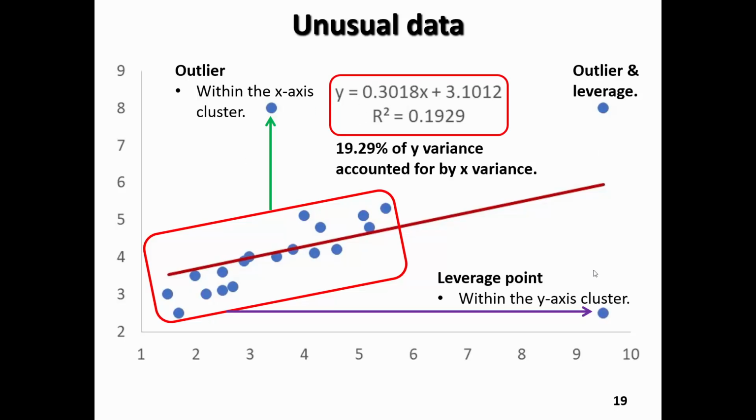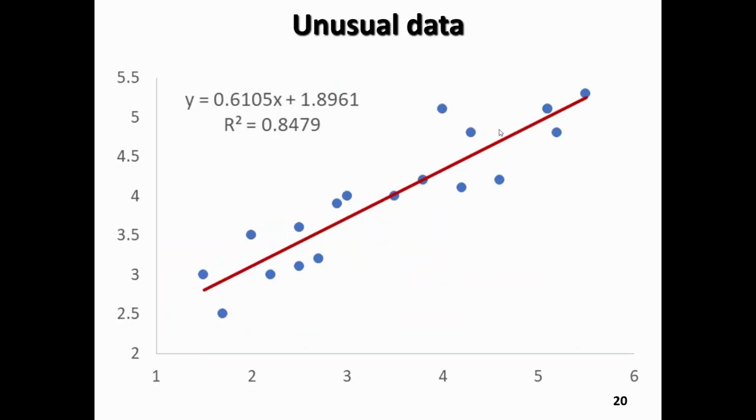So when we include all of the data, we have a very low level of predictability. On this slide, we have that central cluster highlighted on slide 19. So the unusual data points A, B, and C were not included in this scatter plot. And we see here that our coefficient of determination is just shy of 85%.